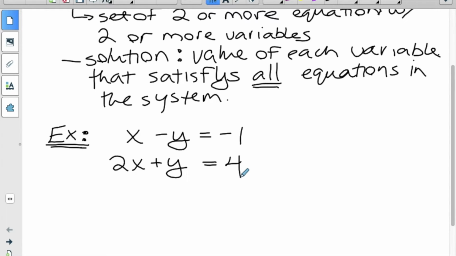And the solution to this system is the x and y value. So the solution in this case is going to be two values, one for x and one for y, that for each of these equations makes the left side equal to the right side. That's what I mean by satisfies each equation. When I mean satisfy, I mean the equality holds.